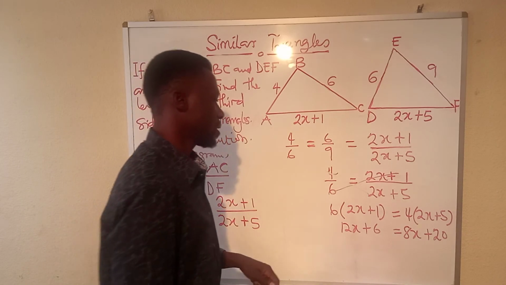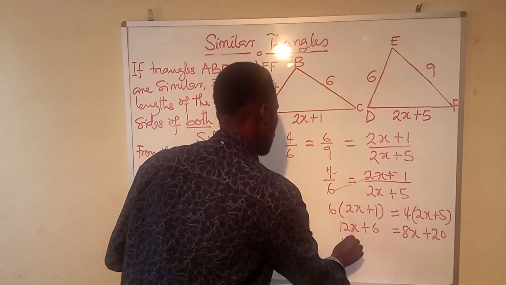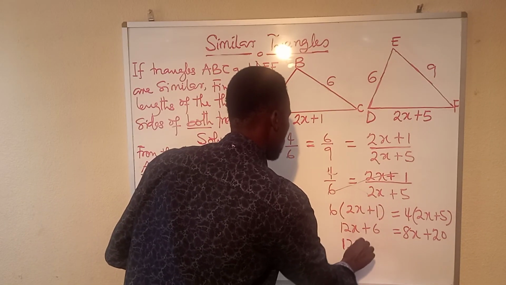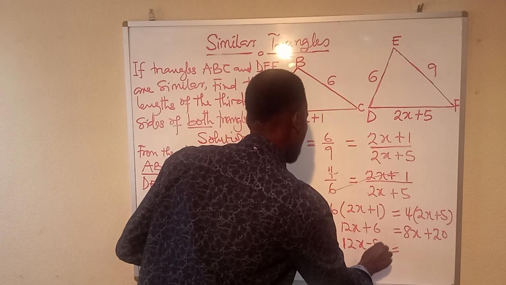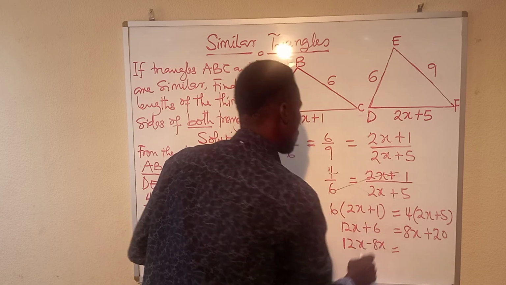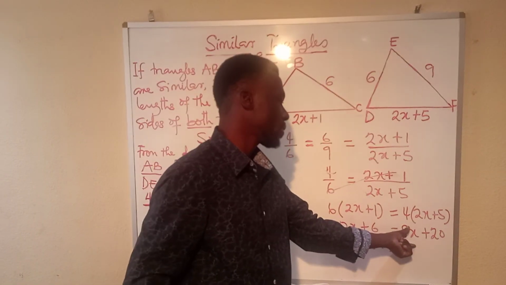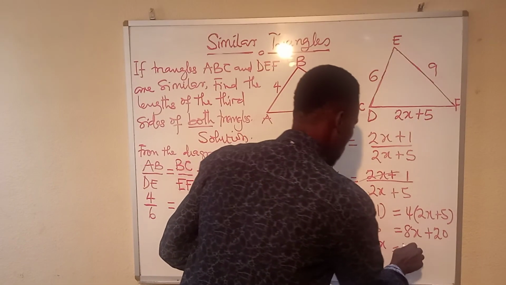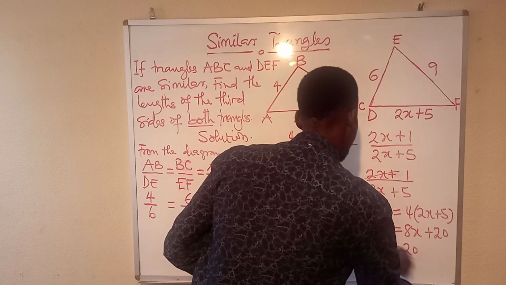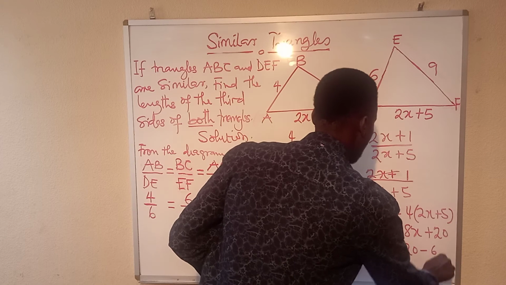So let's group like terms. We shall have 12x minus 8x, because when 8x crosses the equal sign it becomes negative 8x, equal to 20. Then 6 will cross the equal sign to be minus 6.